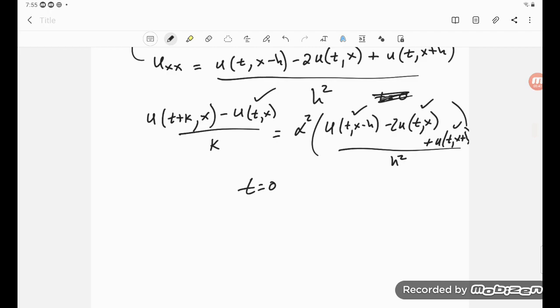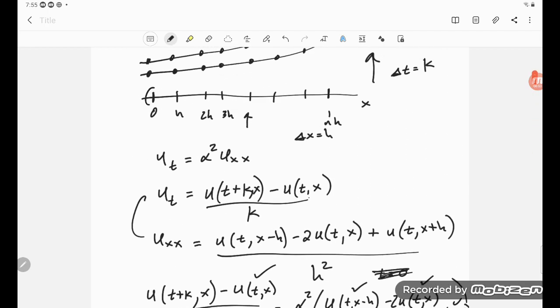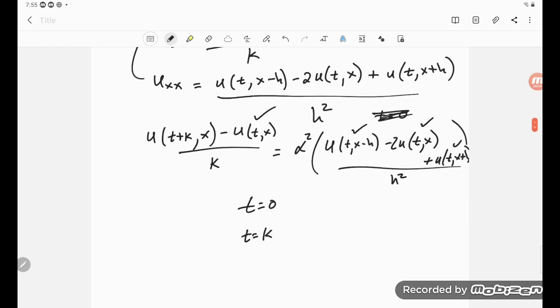And so what this method does is I can solve for the next time step, t plus k. So if I want to look at t plus k, then for each value of x along here, I can set up this type of equation.